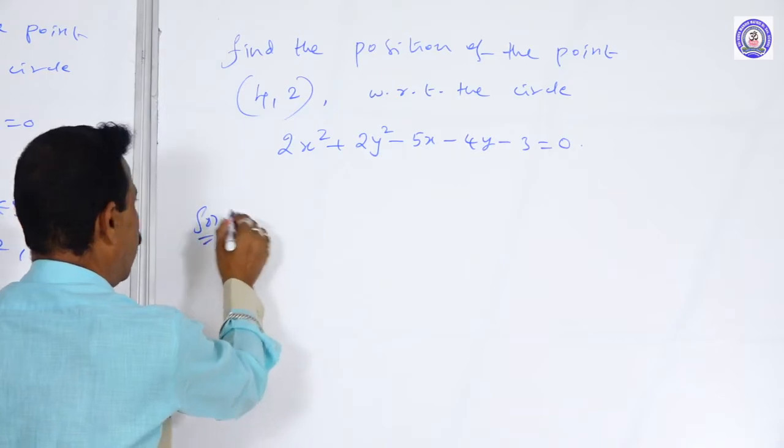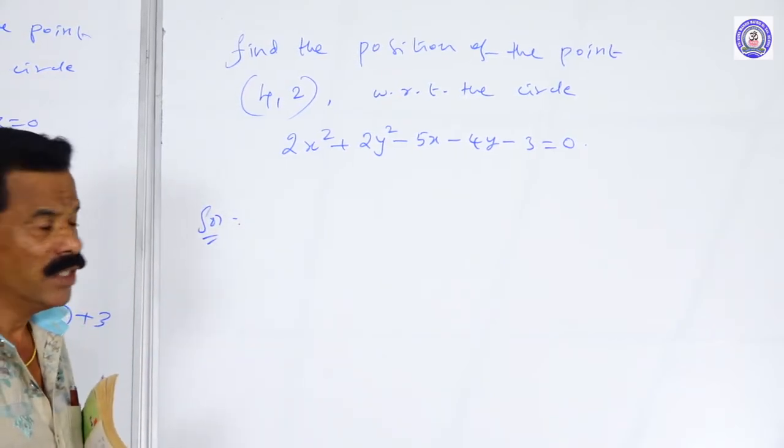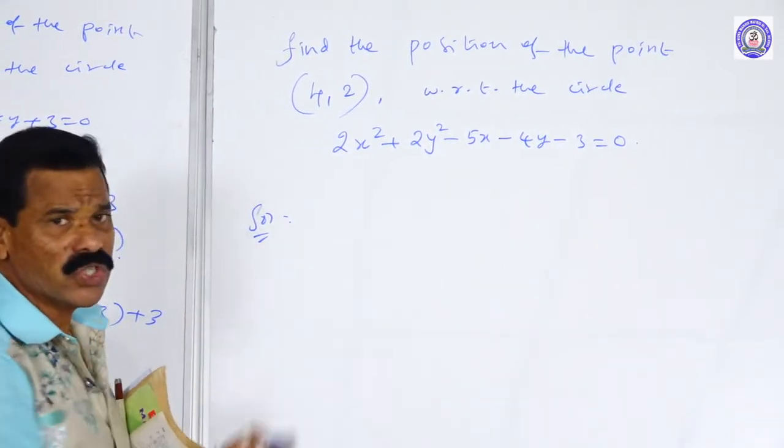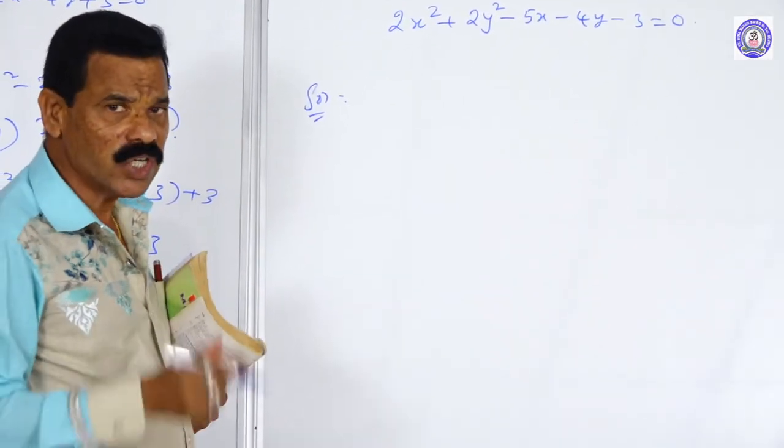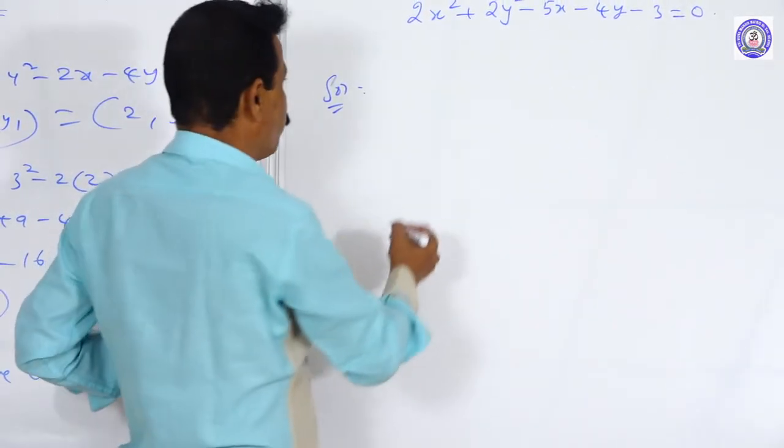Solution. Here the equation is different. The coefficient of x square is not equal to 1. So the multiplication by 2 is there. That's why we divide by 2.